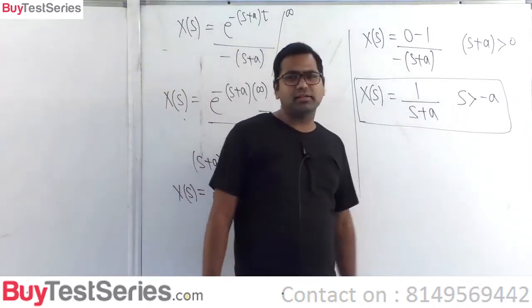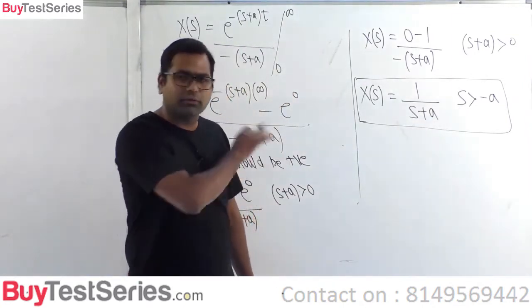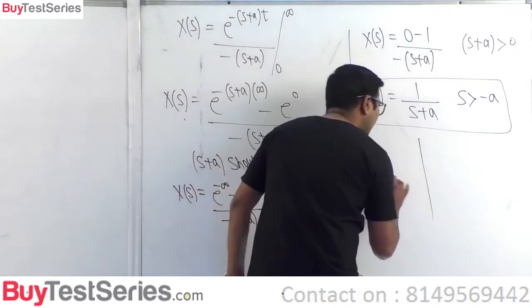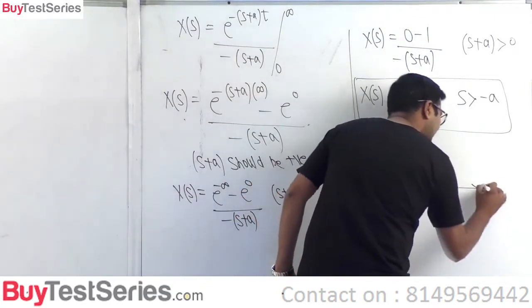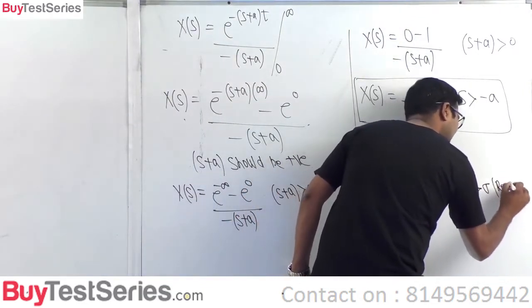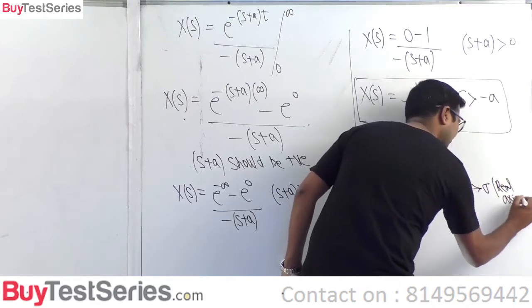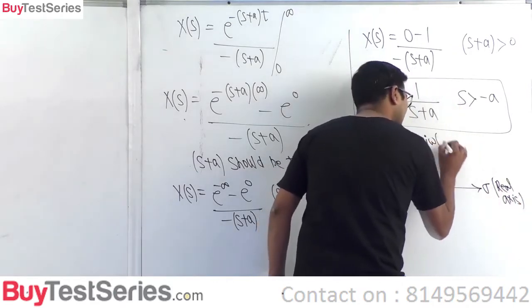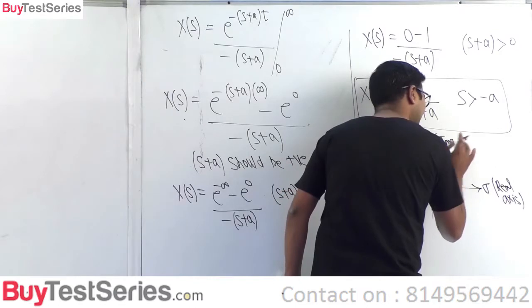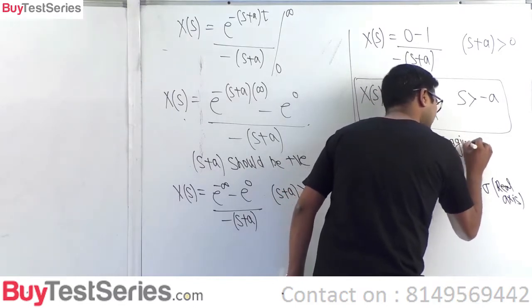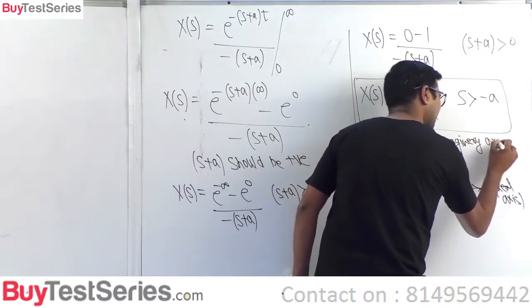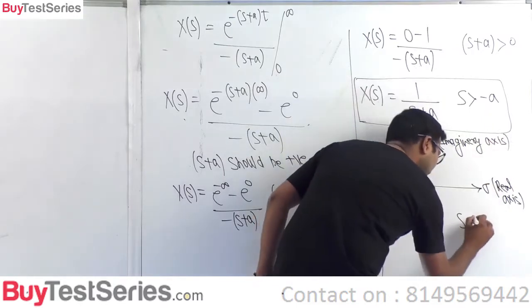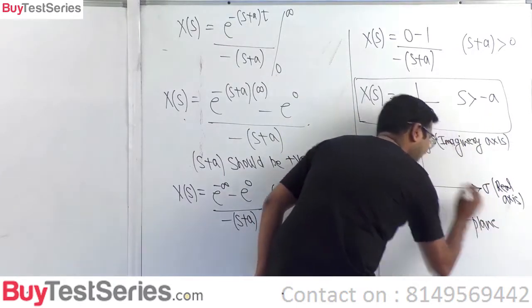This s greater than minus a can be shown on a graph. This is the sigma axis, also called the real axis. This is the j omega axis, also called the imaginary axis. Such a plane is called the S plane.